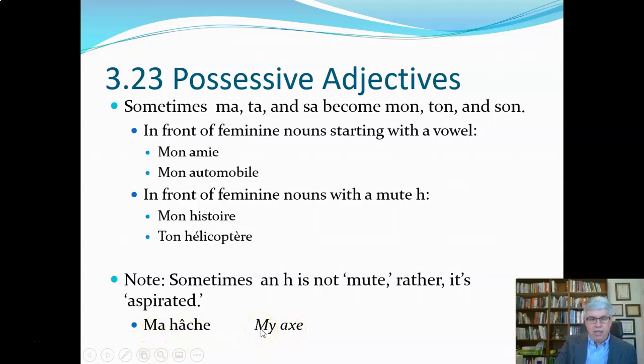And that's my axe. We don't change it to M-O-N. There are some words like that, but we're not going to pay much attention to them because it doesn't really affect the translation. Just know that sometimes in front of H words that are feminine, it's going to be mon, like mon hélicoptère, and sometimes it's going to be ma, like ma hache.